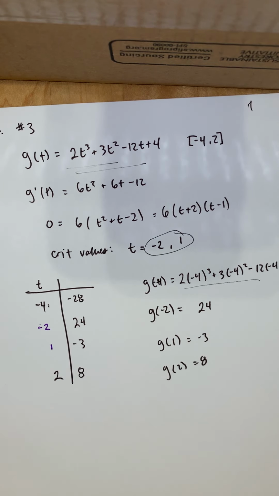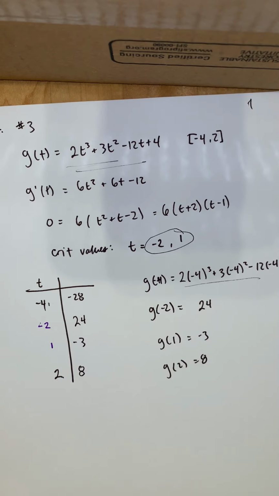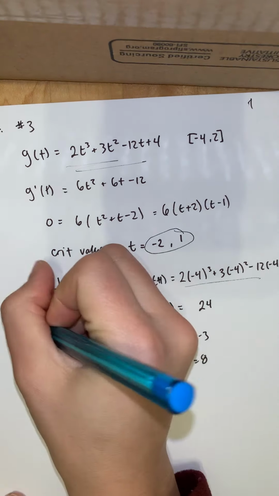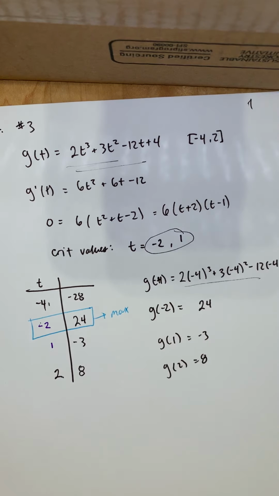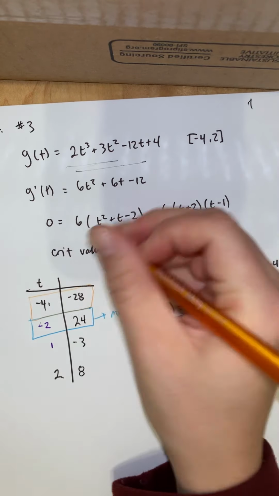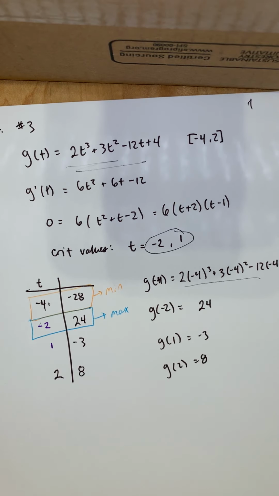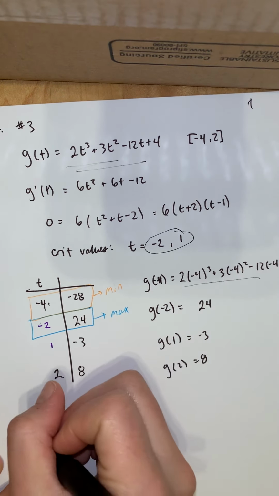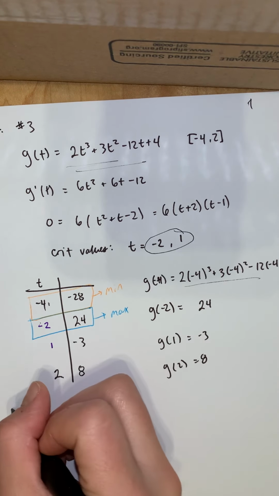Okay? So, let's get our sentence going. We know that the biggest value is going to be, this guy is our max, and then this guy up above is our min. But we want a sentence. Okay, you need to write a sentence. If you do not write a sentence, you will lose points.